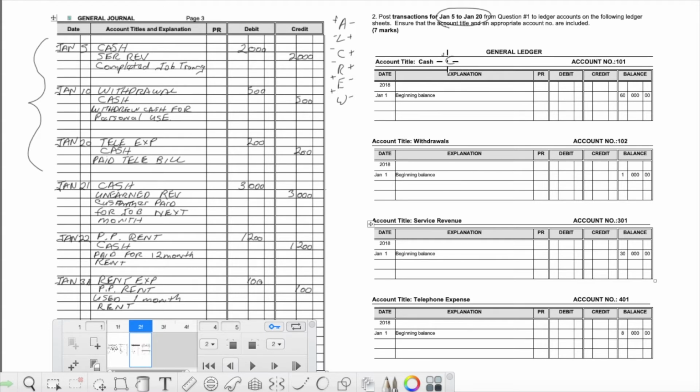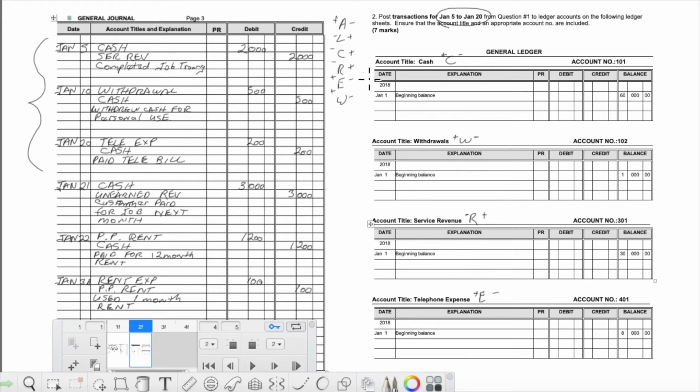It's an asset, so it's plus and minus. Withdrawals, plus and minus. Service revenue is a revenue. I'm just doing this as a quick little reference that'll become easier later. Telephone expense. Because what we're going to do is add up all our expenses, and add up all our cash and everything else.